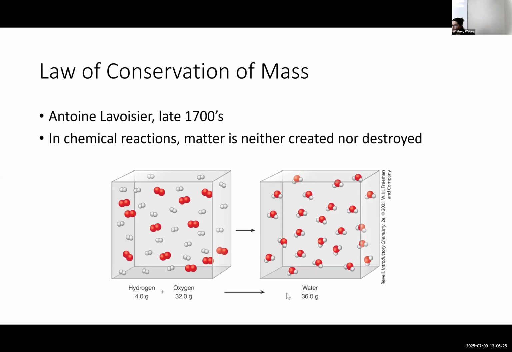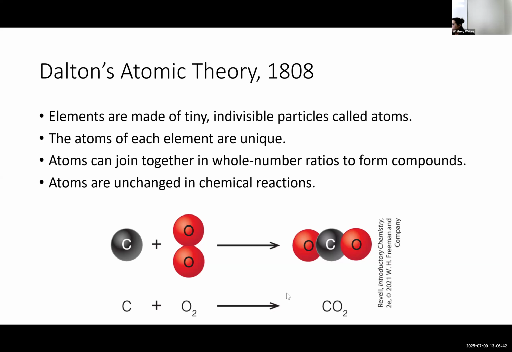In the previous slide, we have hydrogen gas and oxygen gas coming together to create water. These atoms can come together, if it's ionic, through charges, or if it's covalent, through the sharing of a bond, and create a whole new compound. So compounds are not atoms, but atoms make up compounds. Atoms are unchanged in chemical reactions. Even though I have carbon dioxide in the products, the carbon's still the same atom and the oxygen's still the same atom.